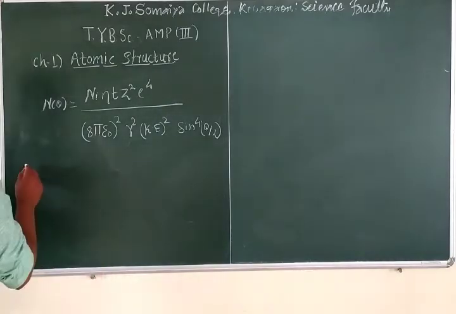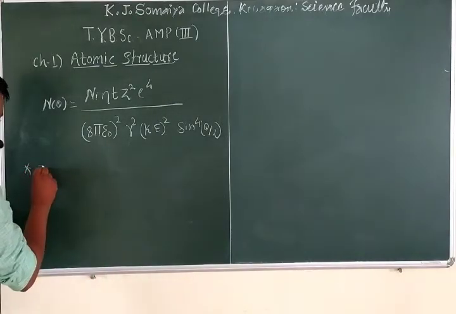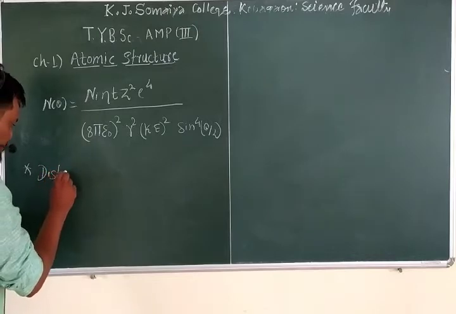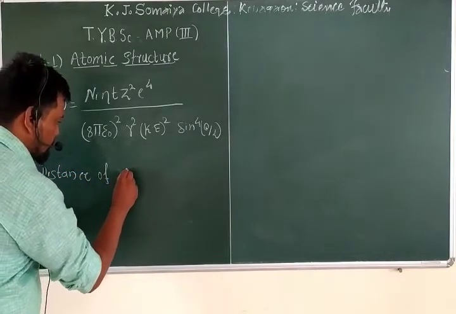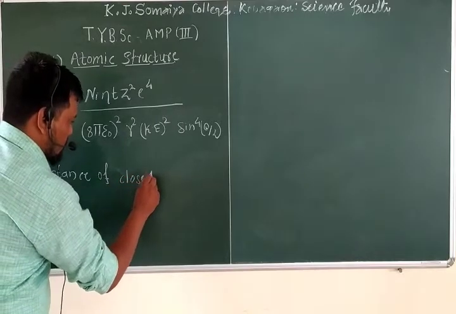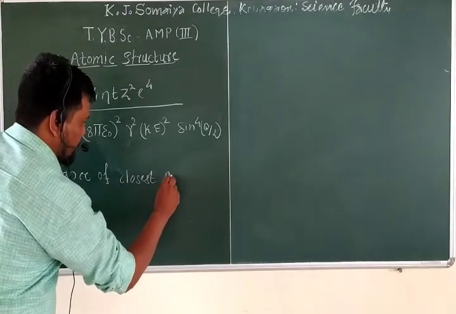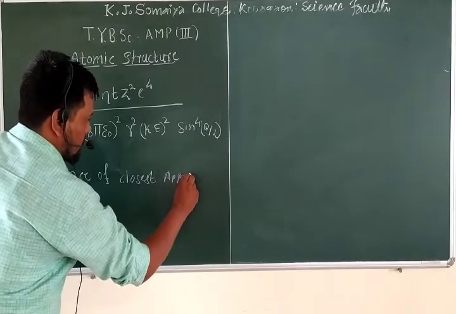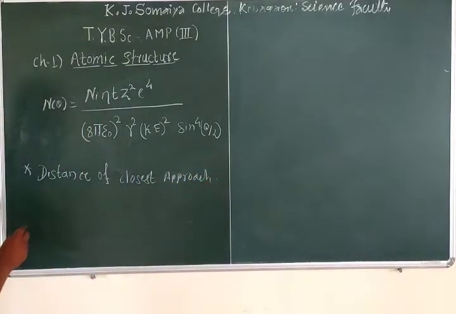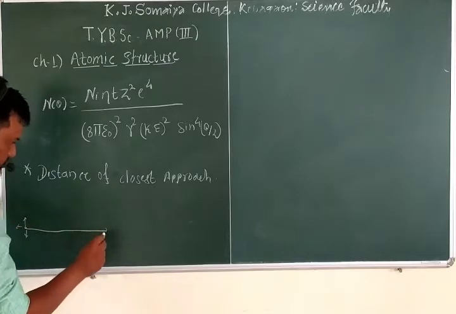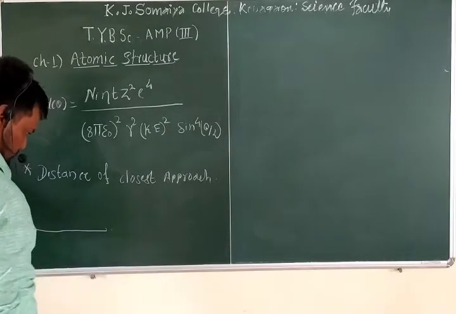Actually, what is this distance? The alpha particle is emitted from a radioactive substance and is incident on the nucleus of an atom in the foil.